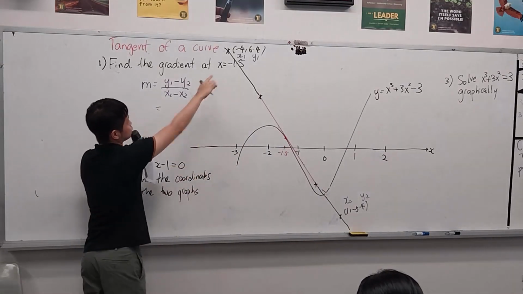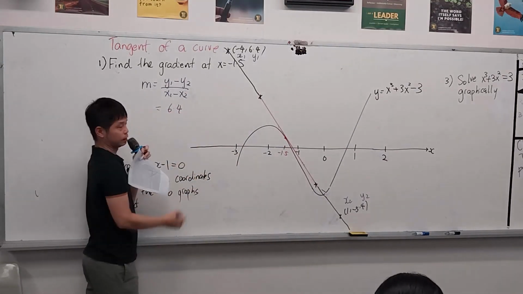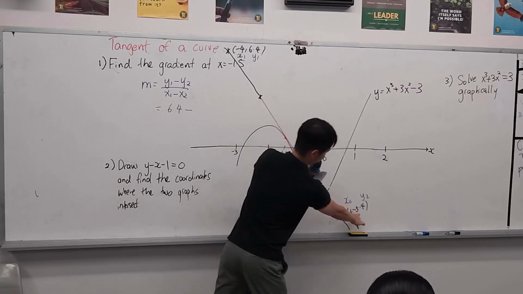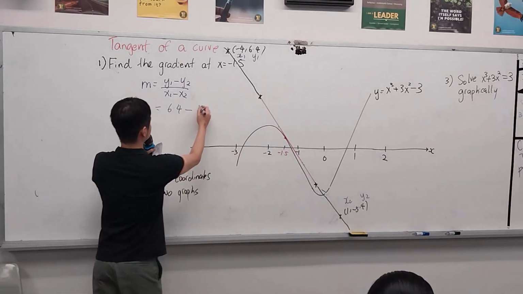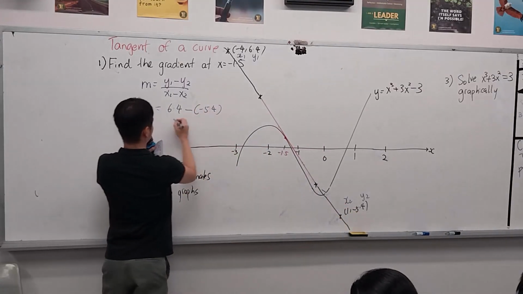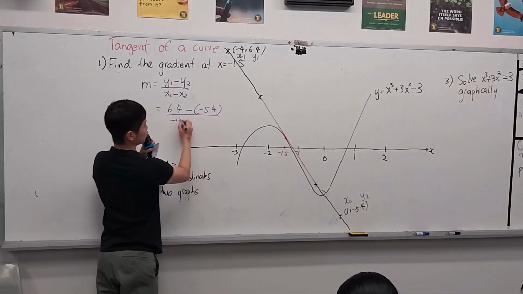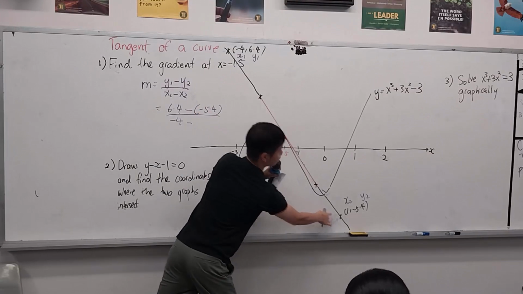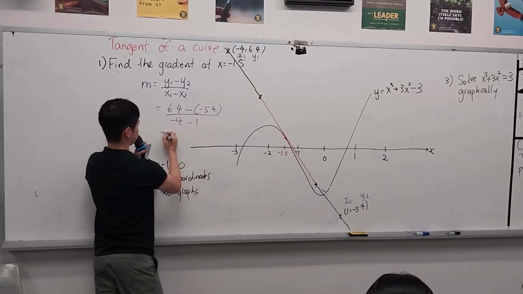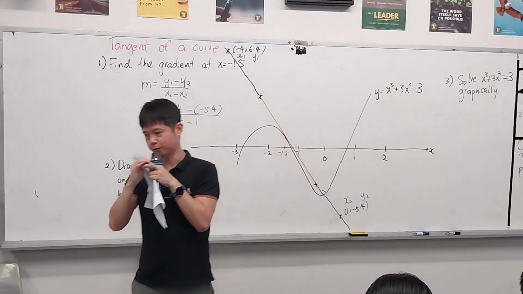So for me, I will use y1 minus negative 5.4 over my x1, mine, not yours, minus my x2. Okay, tell me your answer and I'll tell you whether you're right or wrong.